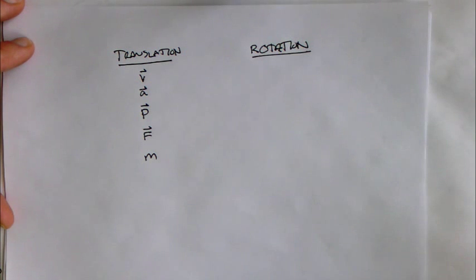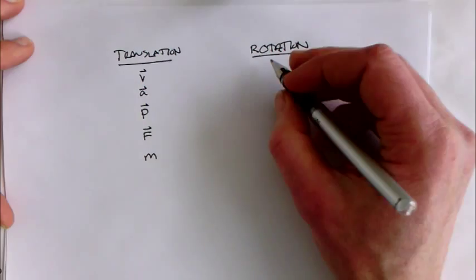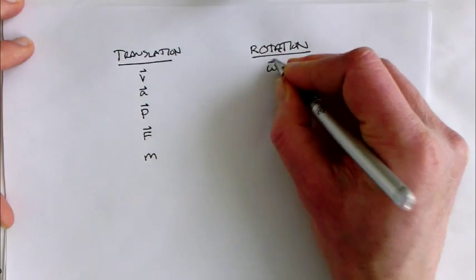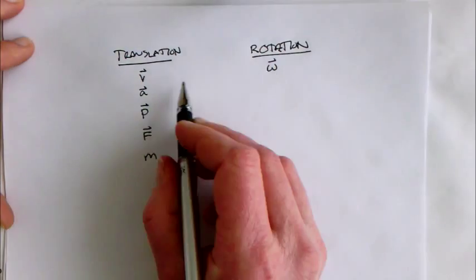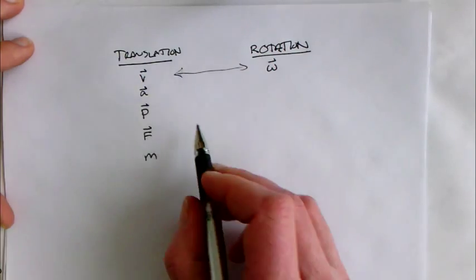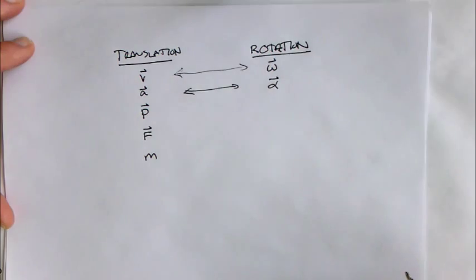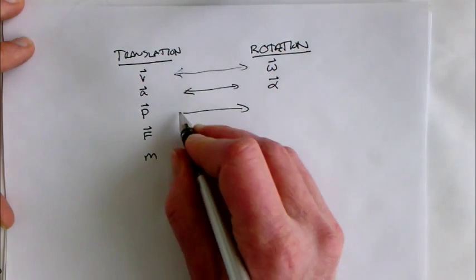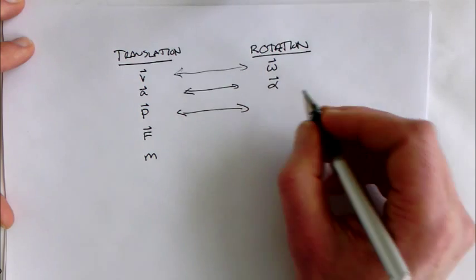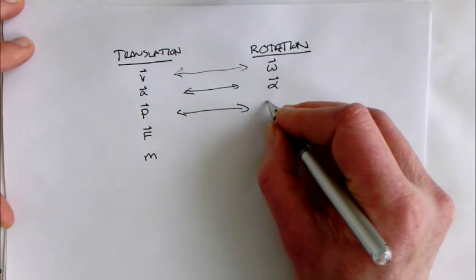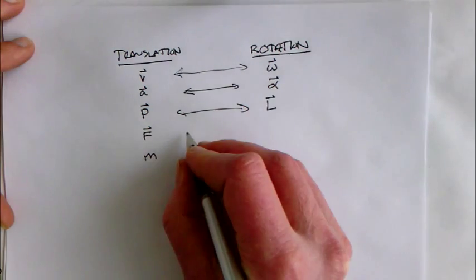And in rotation, there are very analogous kinds of quantities that it makes sense to talk about. In rotation, you talk about angular velocity, which is a vector, analogous to linear velocity. You talk about angular acceleration, alpha, which is a vector. You talk about angular momentum, a vector.